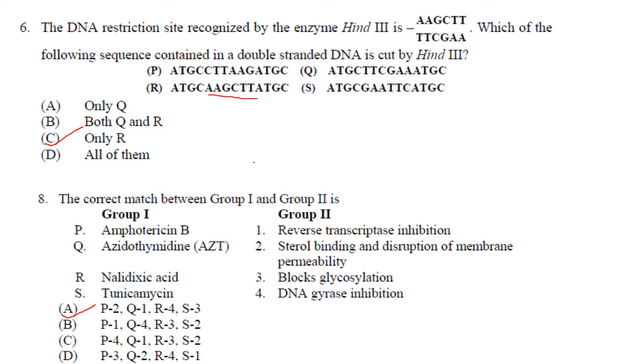But P2 is correct, so directly answer will be option A, but we will check for others also. Azidothymidine is reverse transcriptase inhibition, nalidixic acid, DNA gyrase inhibition, tunicamycin, blocks glycosylation. So answer is option A.